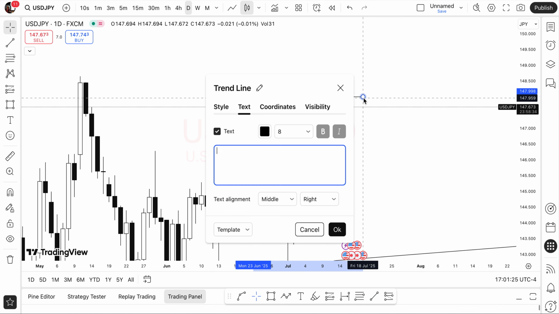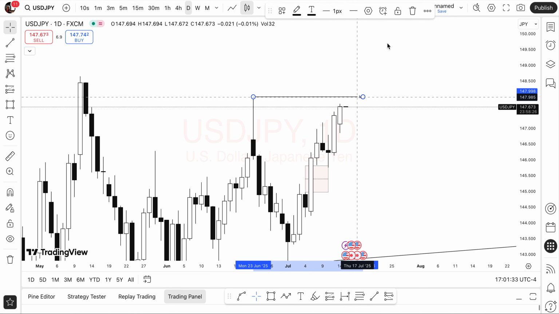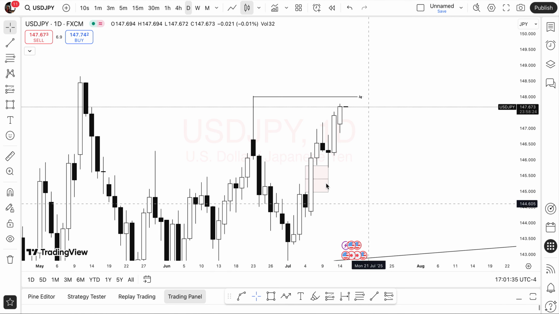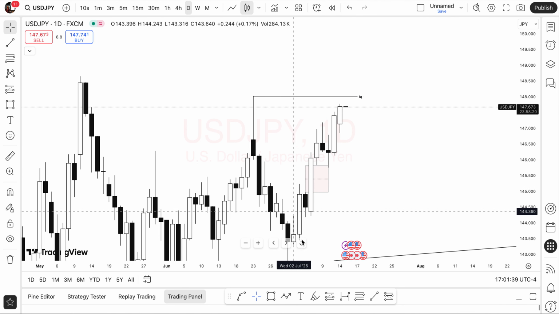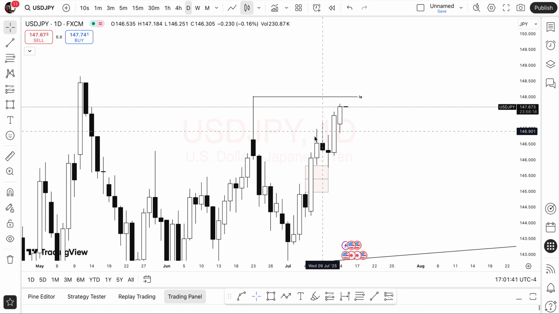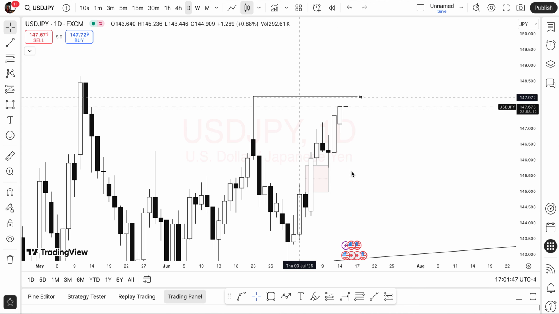I can call this LQ, that's my liquidity. After the market traces upward here, we had a fair value gap, and we expect the market to tap into it and continue to take out these highs.